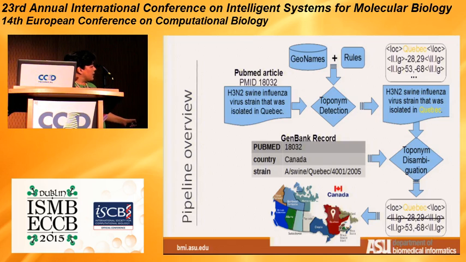In this case, we found that the country field in the GenBank record had Canada in it, but the strain in the same record had within it the name that we wanted, Quebec. So we eliminated the other coordinates and finally settled on that one for our match.